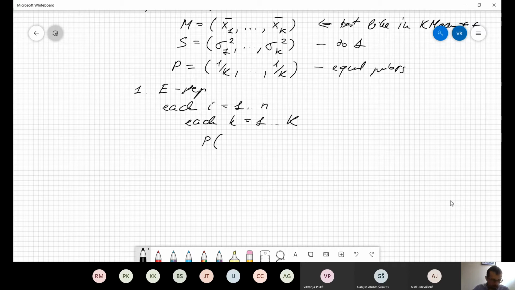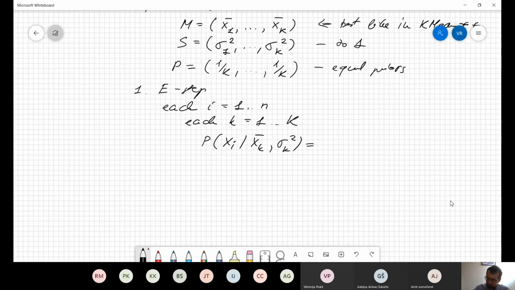First we compute the conditional probability of observing a certain point xi, given the distribution with mean k and variance sigma squared k.